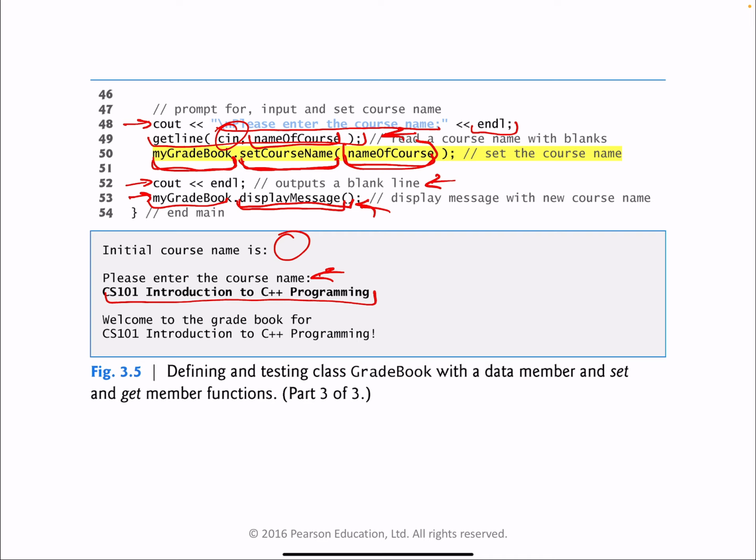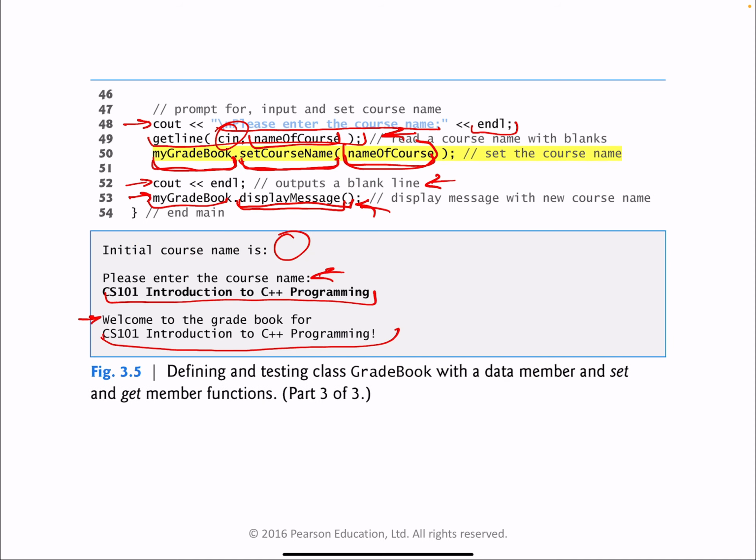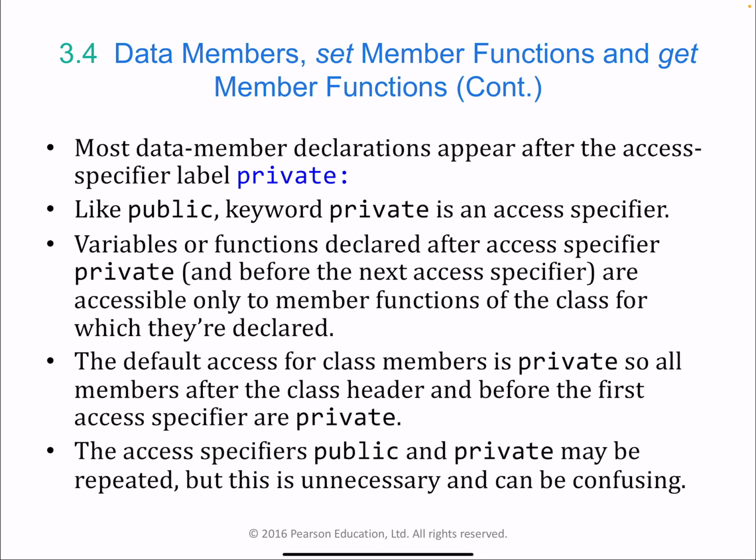And that is "Welcome to the gradebook for", and then it prints the value of string courseName inside the object myGradebook, and that is CS 101 Introduction to C++ Programming, exactly what we specified over here. You can see that there's another new keyword to see, private.